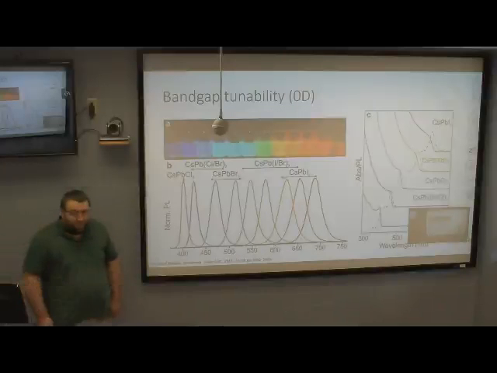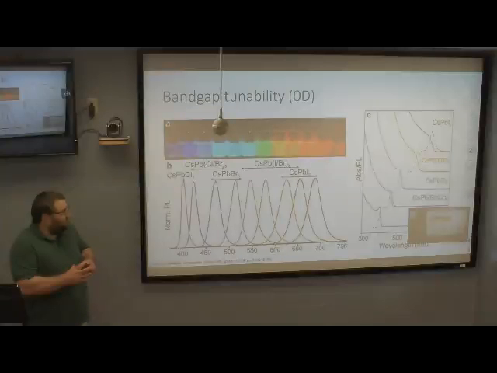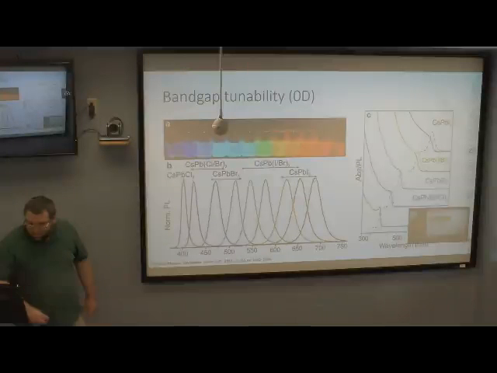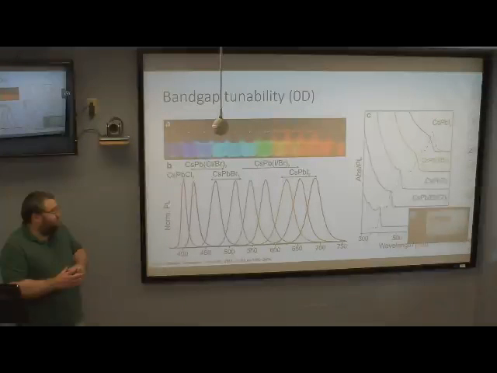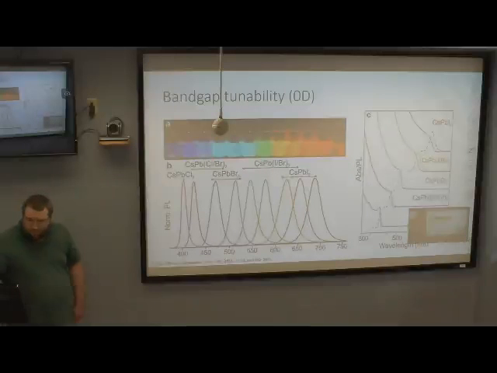And you do that by changing the halide and going down the periodic table, as well as changing the size of the molecule or the perovskite itself. And these are all 0D perovskites, so they probably should be earlier anyway.